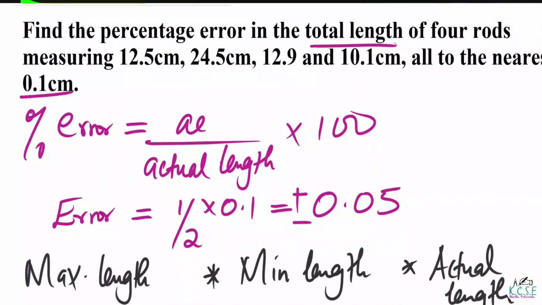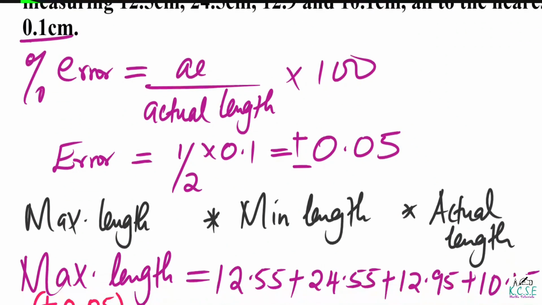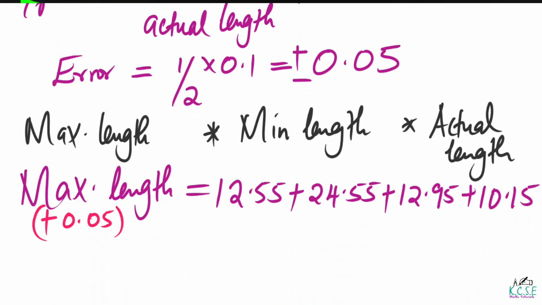We obtain that by taking each of the measurements and adding 0.05. When you add everything, this will give 60.20.